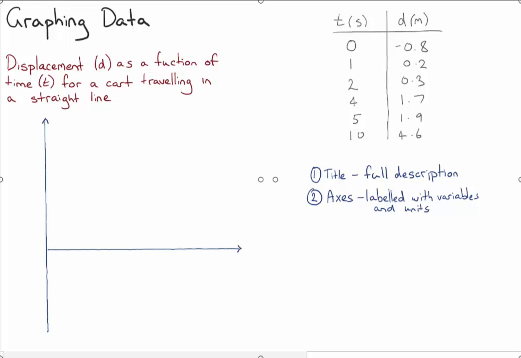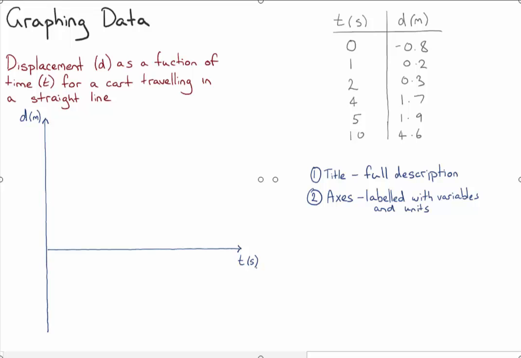And this enables the reader to be able to look at those axes and figure out what it is we're trying to say. So we've got distance or displacement along that vertical axis and time along the horizontal axis.